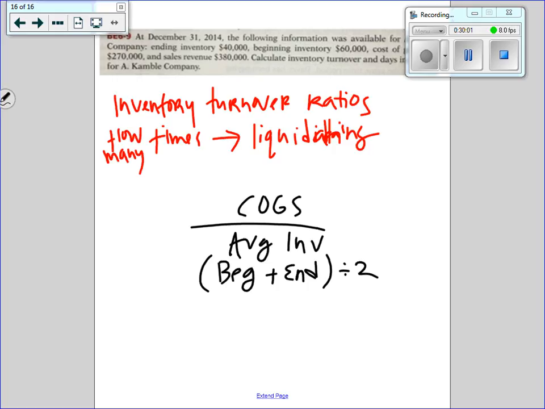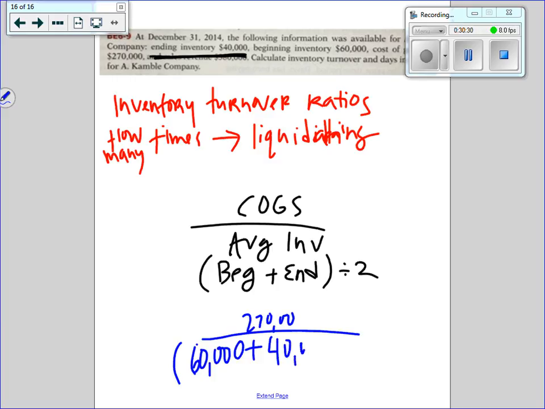They'll usually throw in revenue in there just to mess with you, and you really don't need that number. So COGS, it should tell us, was it 270? 270,000 divided by what we started with, in this case 60,000, plus what we ended with, again in this case 40,000, divided by 2.